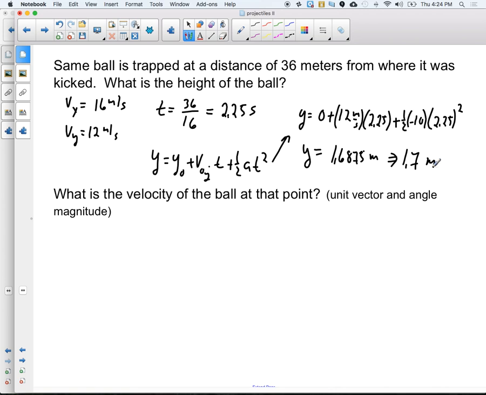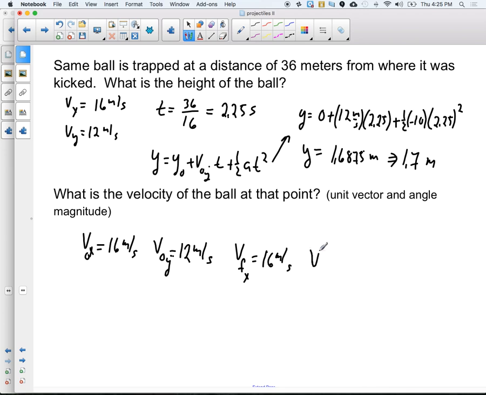The final idea is what's the velocity of the ball at that point. Remember we said that the velocity initial in the x direction was 16 meters per second, and the velocity initially of the ball in the y direction is 12 meters per second. But I want to know v final in the x direction. That's just going to be the same as it was before, 16, because it doesn't change.